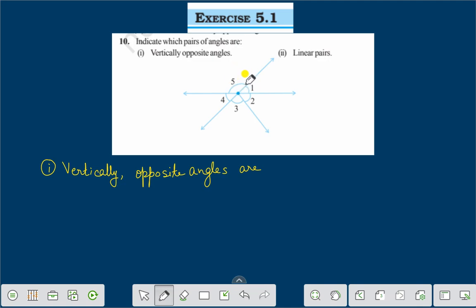You have to find the vertically opposite angle. Vertically opposite angles are angle 1 and angle 4.